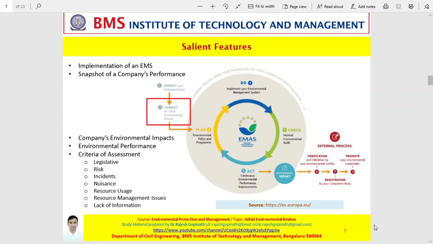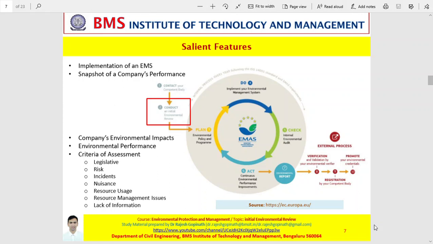So what does environmental review basically provide you with? It provides you a snapshot of a company's performance for a particular point in time. It will highlight the company's environmental impacts, thereby allowing action to be taken where it is actually most required.